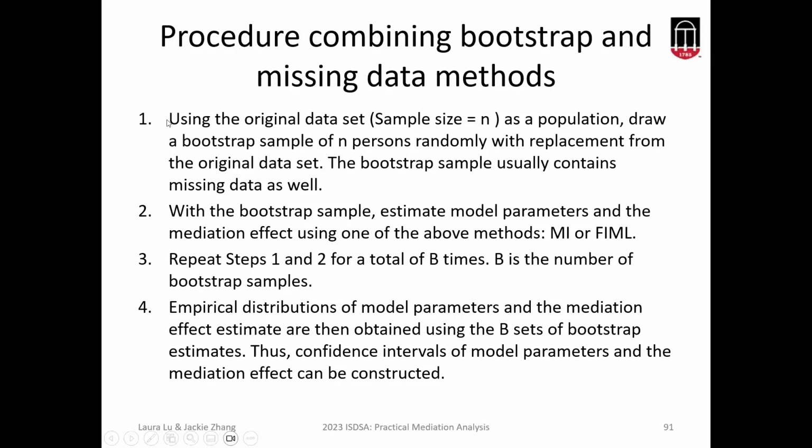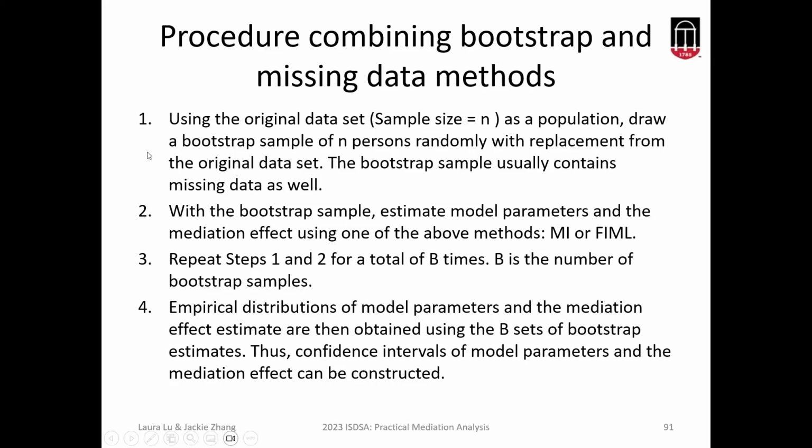So we have 4 steps. The first step is just like the bootstrapping method. We treat the original data set as the population and we draw a bootstrap sample from that population. With the bootstrap sample, we estimate the model parameters of the mediation effect by using MI or full information maximum likelihood estimation to deal with the missing values.